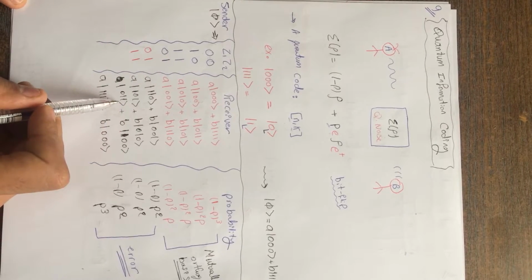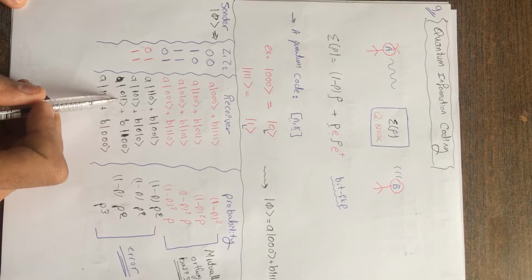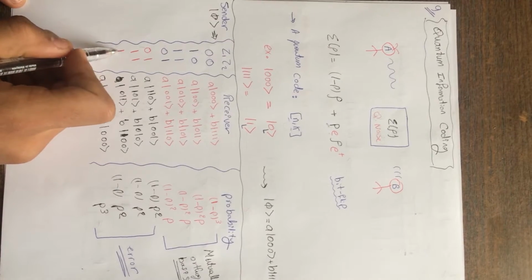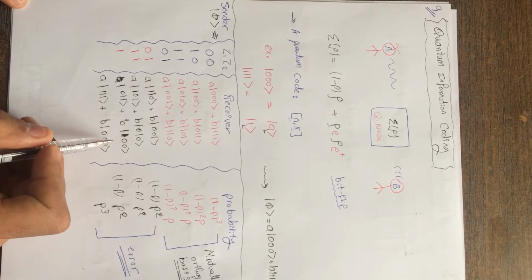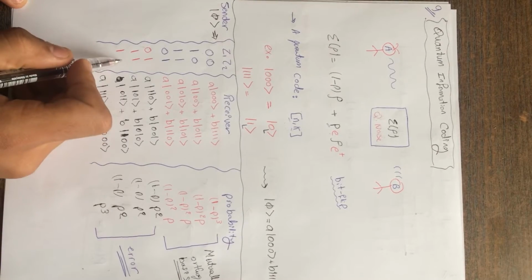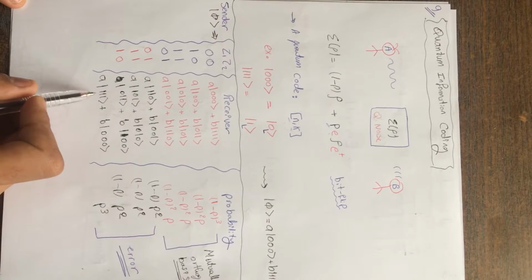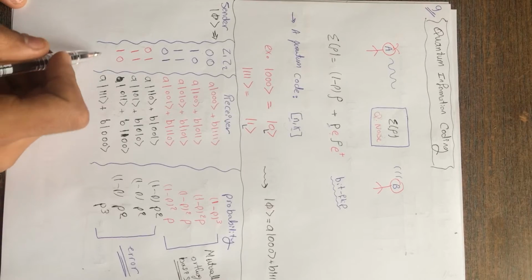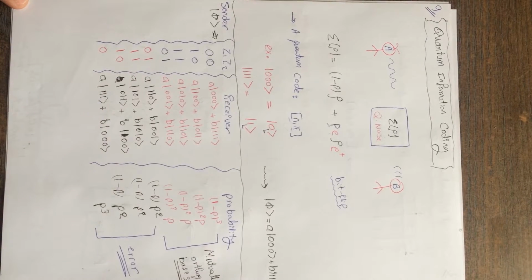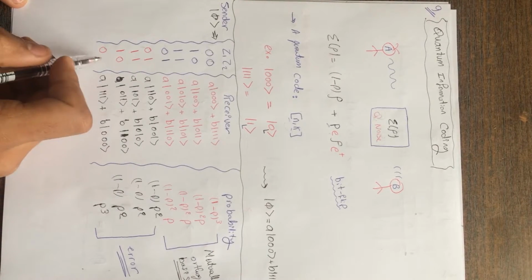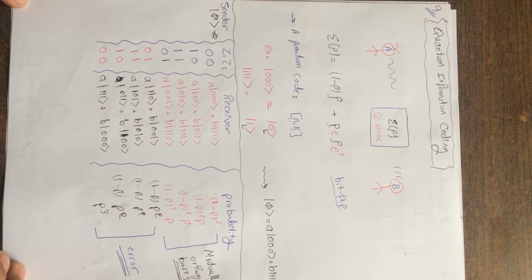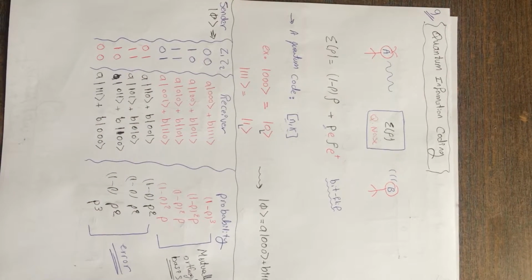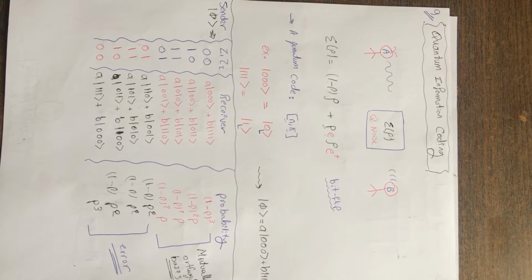For 011, you have flipping because of ZZI, but for IZZ, nothing happens. For the last case, 111, you do nothing to the state, and IZZ will also do nothing to the state. So we have fully got the syndrome operations that we have.